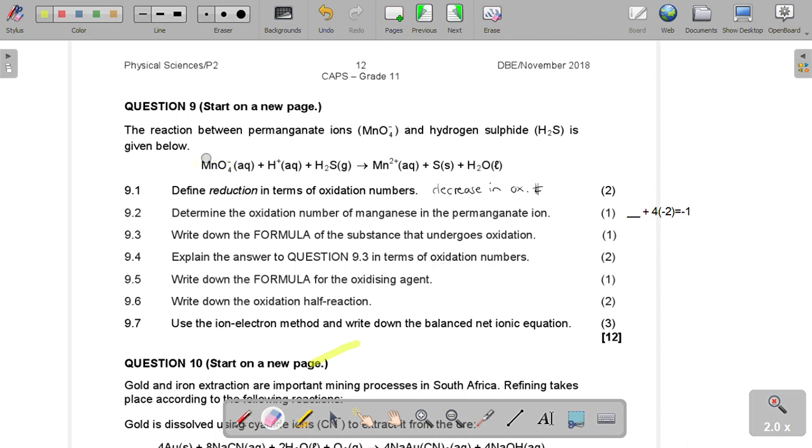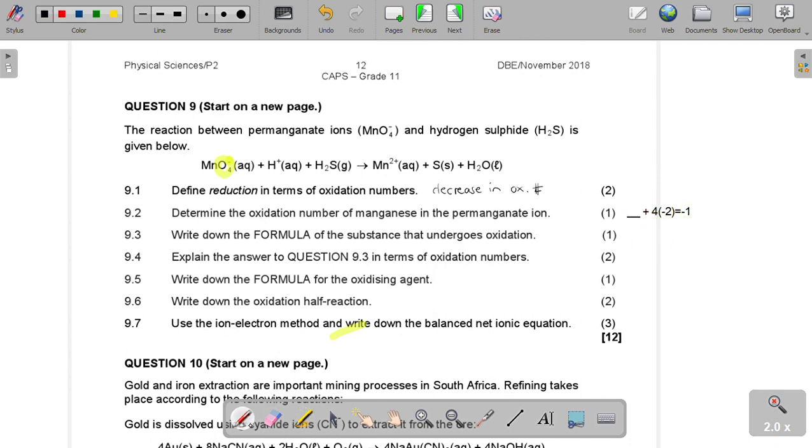If you are working with a polyatomic ion, soos permanganaat, dan moet hulle opeindig by wat ook al daai polyatomiese ion se lading is. So as you guys can see here, this one has a charge of -1, so I need to get to -1. Dan weet ek ook, ek het 4 suurstowwe, en onthou een van my reëls is, suurstof as hy verbind is, behalwe in sy elementvorm, het 'n lading van -2.